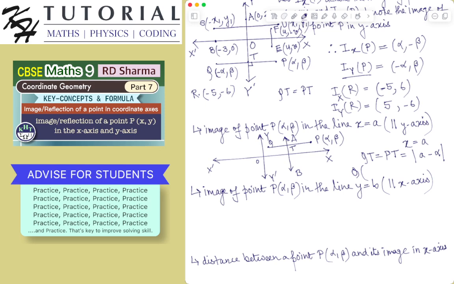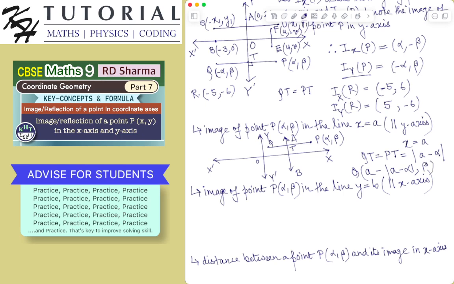It is A, because the line AB is at a distance of A from the y-axis. So the abscissa of the point T is A, and Q is at a distance, absolute value of A minus alpha, to the left hand side of T. So the abscissa of Q will be A minus the absolute value of A minus alpha, and the ordinate of the point Q will be the same as the ordinate of point P, which is beta.